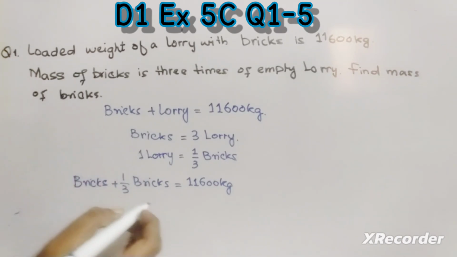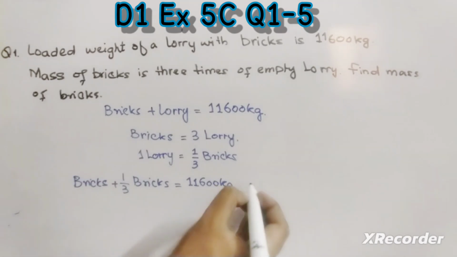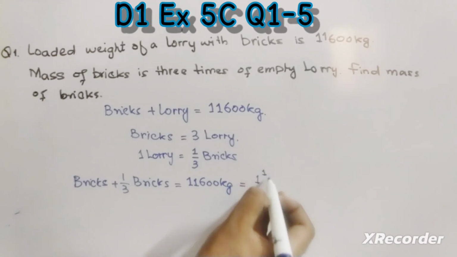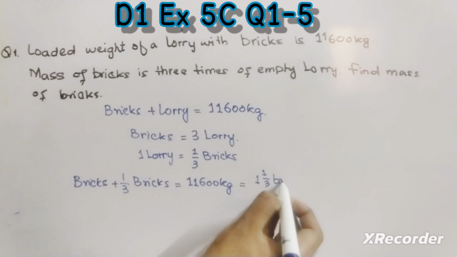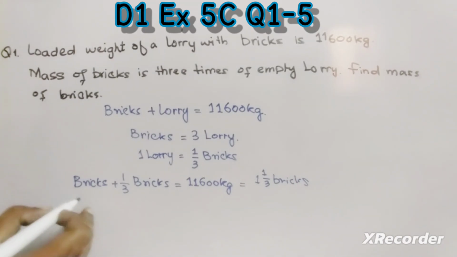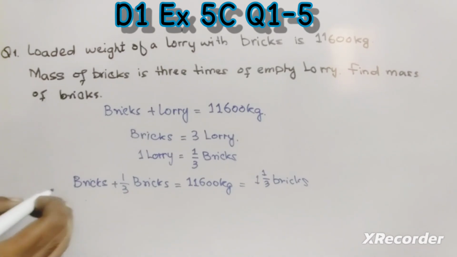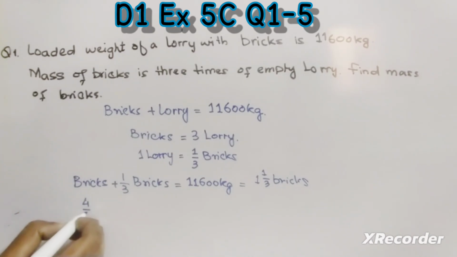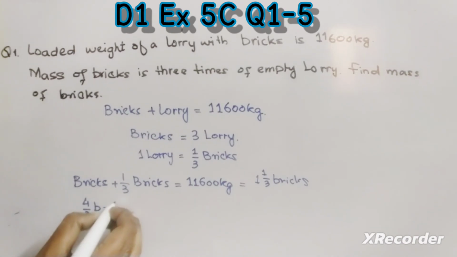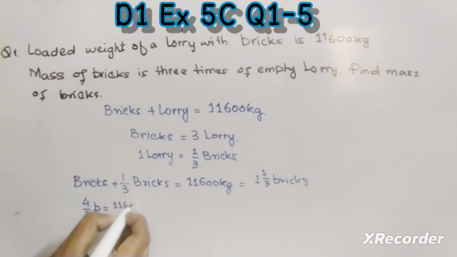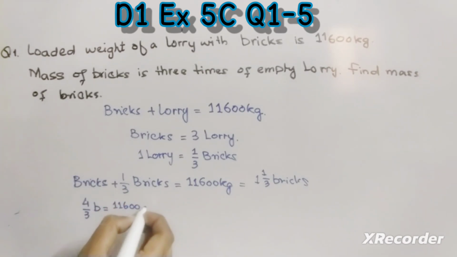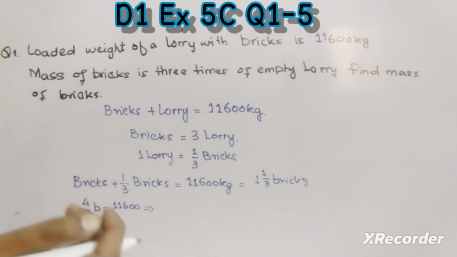Now 1 plus 1 upon 3 bricks make it 1 whole 1 upon 3 bricks, and that is equal to 4 upon 3. So 4 upon 3 bricks is equal to 11,600 kilograms.